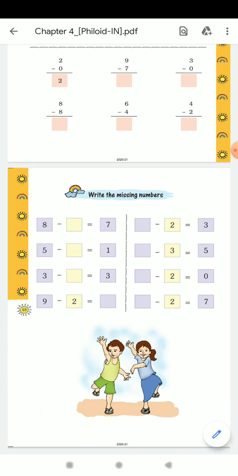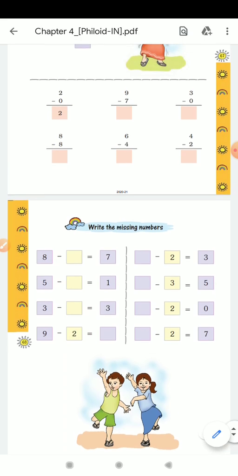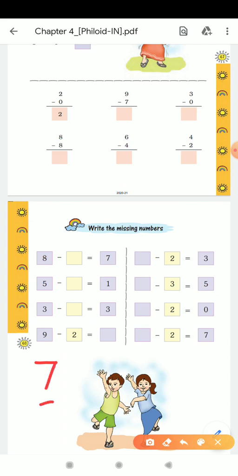I hope you all have understood the concept of subtraction. It is very easy. The main thing is that before doing the subtraction, you have to see whether the first number is bigger or smaller. If I give you two numbers, 7 and 2, and tell you to subtract, you should see that you have to write 7 first, because it is bigger than 2, and then you have to write 2 just below, and then you have to do the subtraction.